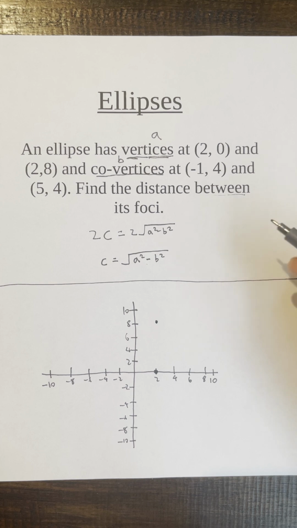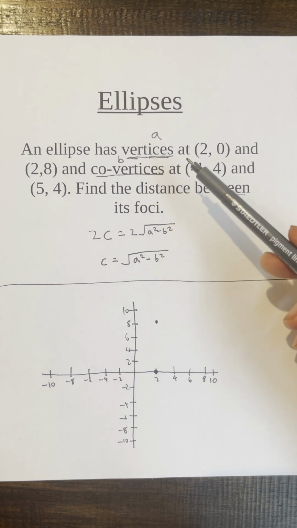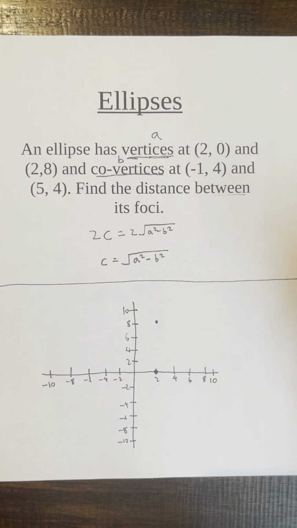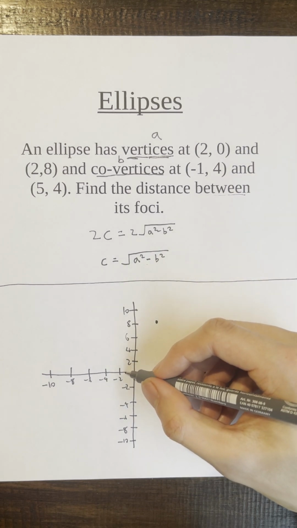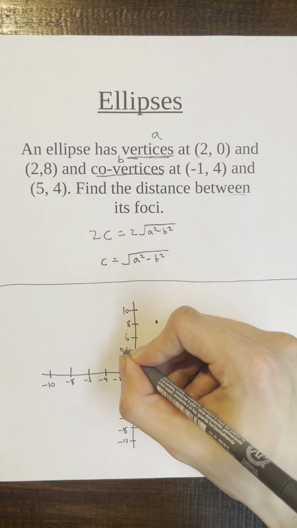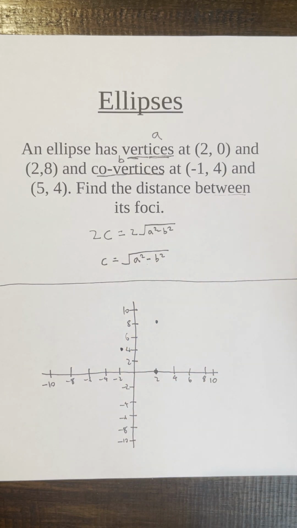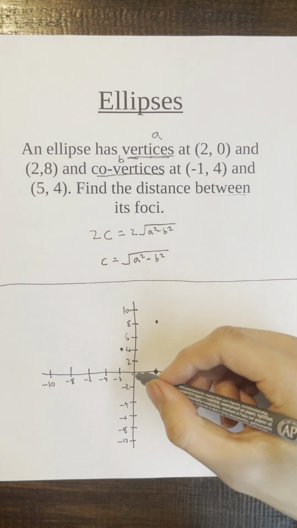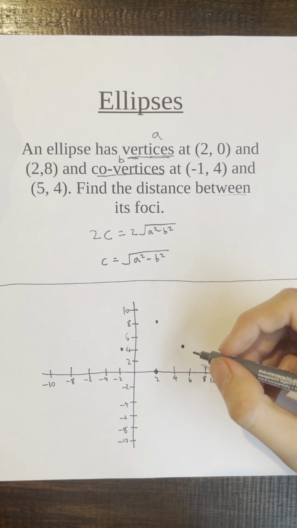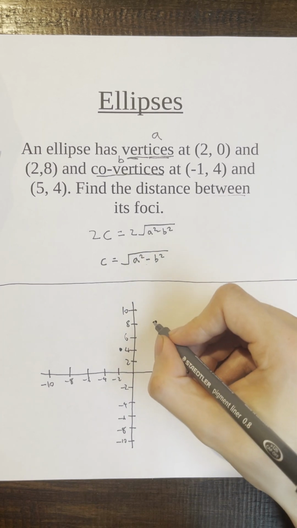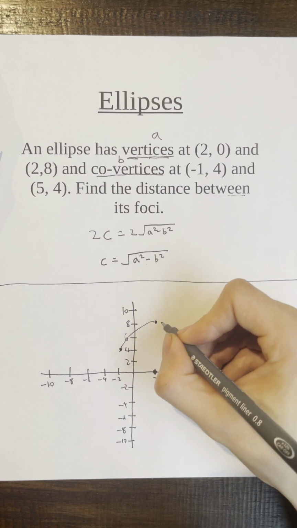All right, so those are the vertices. What about the co-vertices? So -1, 4 and 5, 4. And where does the other co-vertex go? So go right by 5, up 4. Okay. And I'm just going to draw out the ellipse.